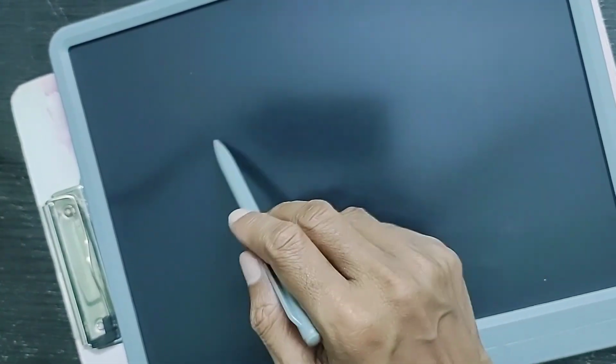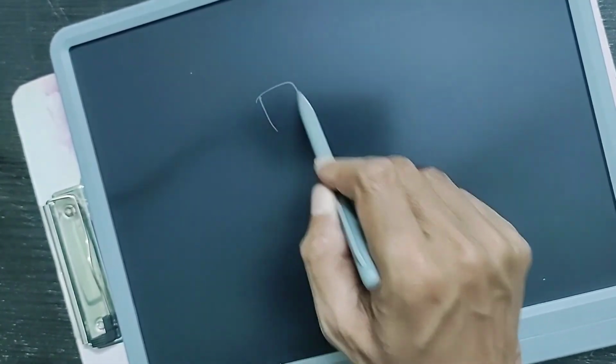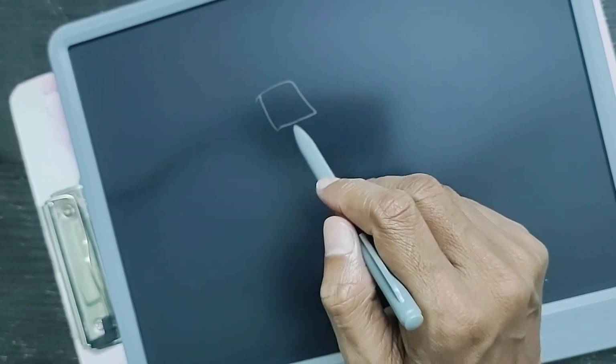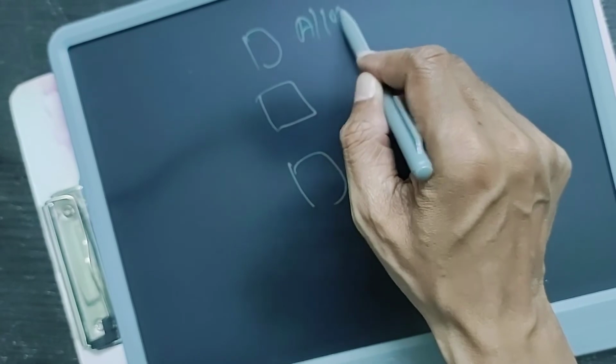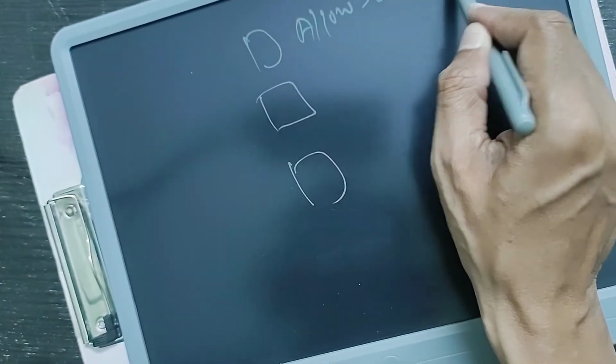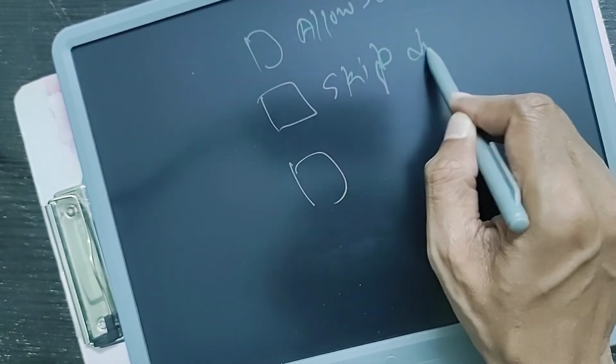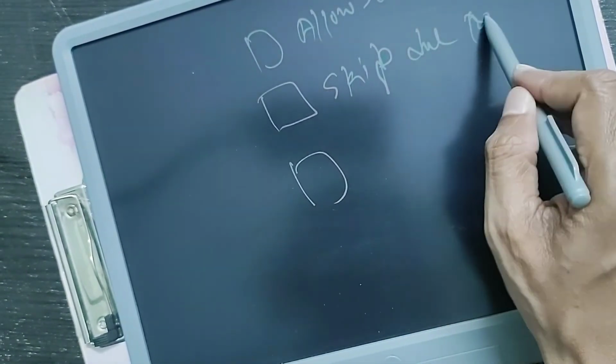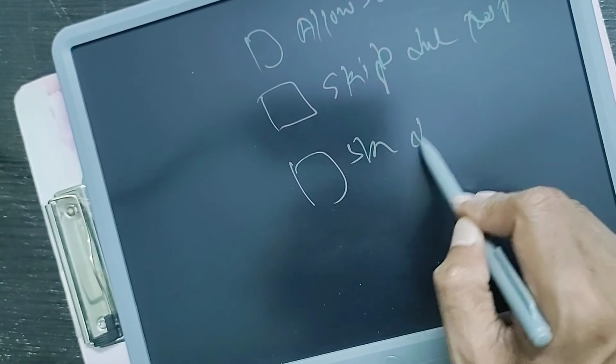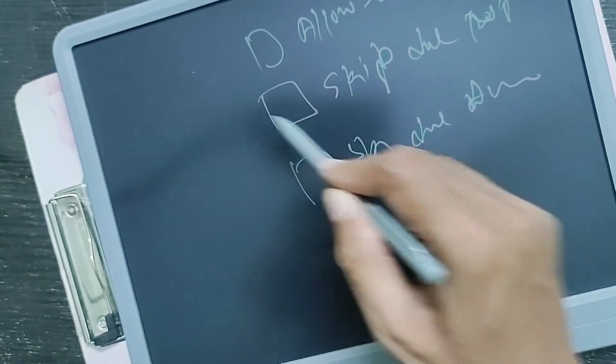So while doing the map, along with allow schema drift, you have other options: skip duplicate input columns, skip duplicate output columns.